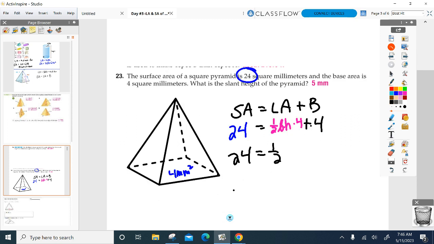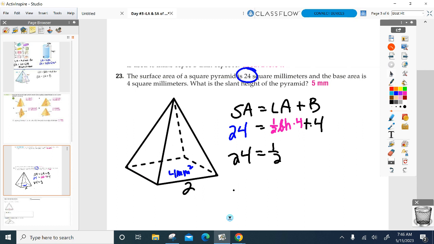If the base has an area of 4 and it's a square, what must be each side length then? If I go 4 and 4, that's going to give me 16 for an area, right? The area of this square is 4, so what must be each side? 2 and 2. So that tells me the base of one of these triangular faces is 2. So 1/2 base 2 times height.